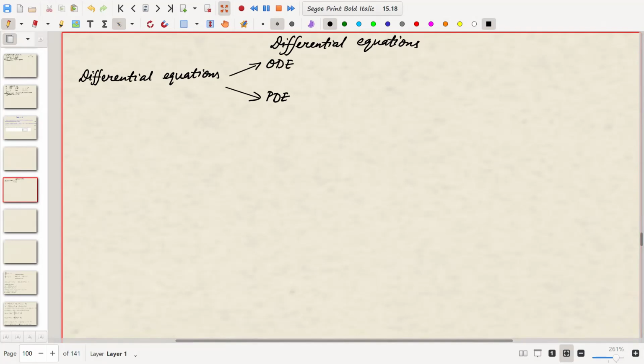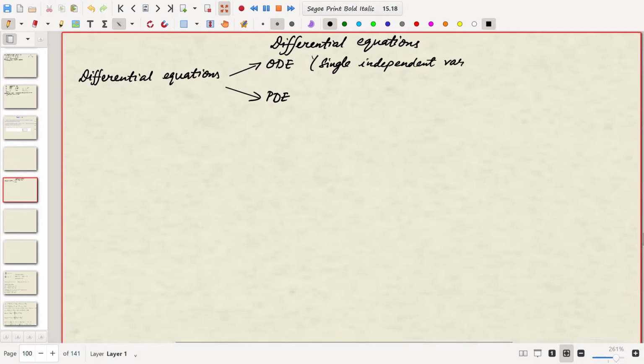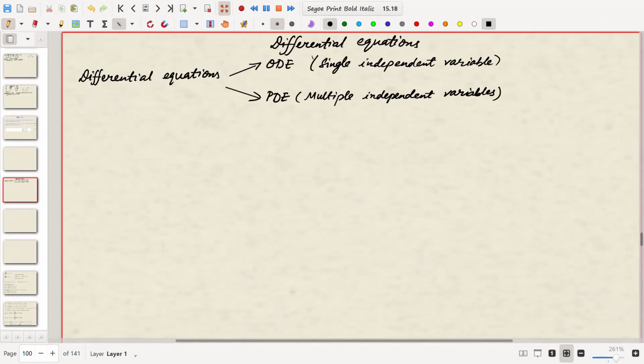In an ODE you usually have a single independent variable, whereas in a PDE you will have multiple independent variables. I hope you understand this.